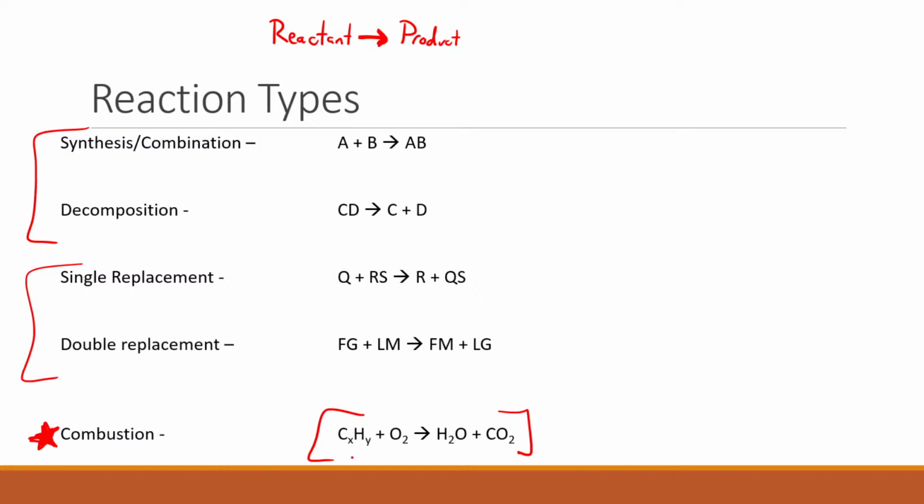It is a hydrocarbon with oxygen burning to make water and carbon dioxide. Combustions are really easy to identify because they all have this string at the end. Right? Oxygen is a reactant, water and carbon dioxide are the products.